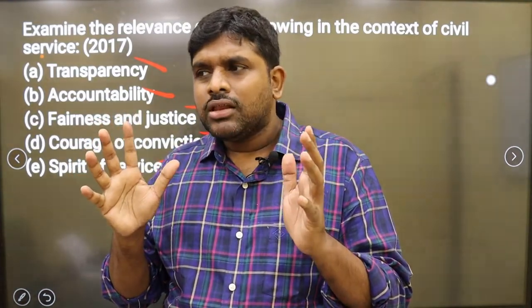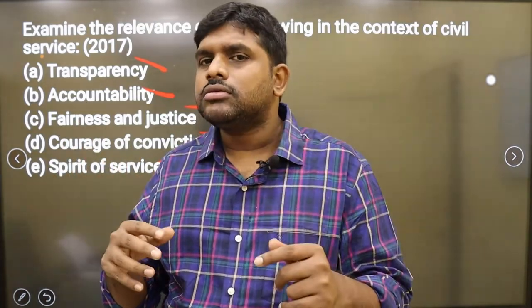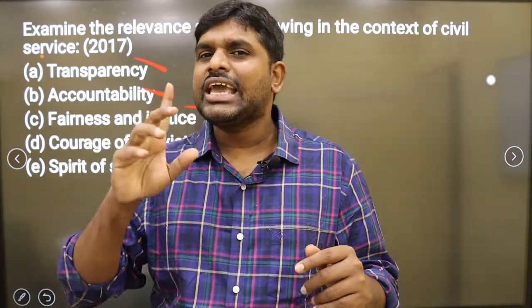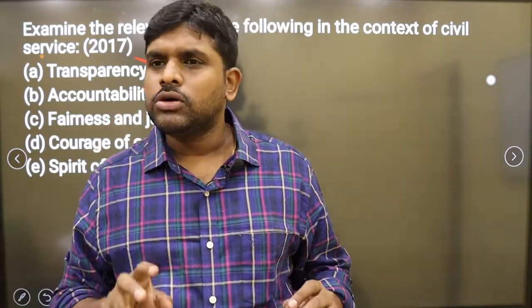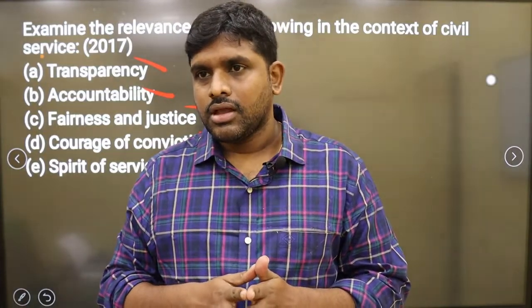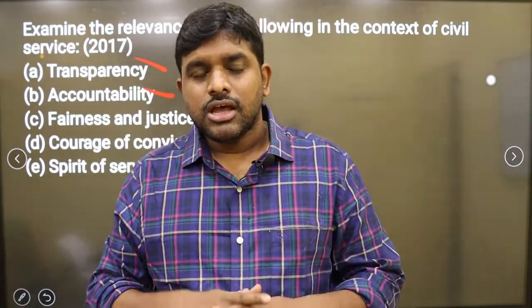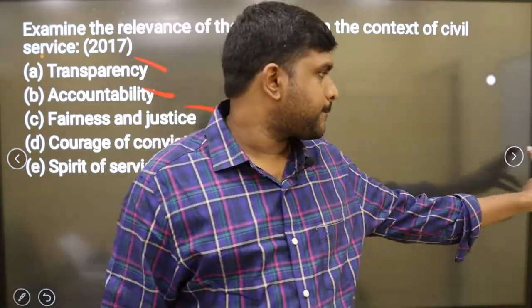And the second book which I felt very useful and good for the civil services examination is D.K. Balaji's book. D.K. Balaji IAS book is also a good book. These are the two books apart from the Second Administrative Reforms Commission, apart from newspapers, apart from case studies, apart from examples.